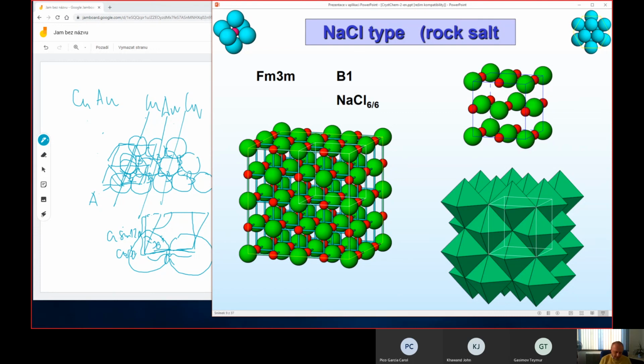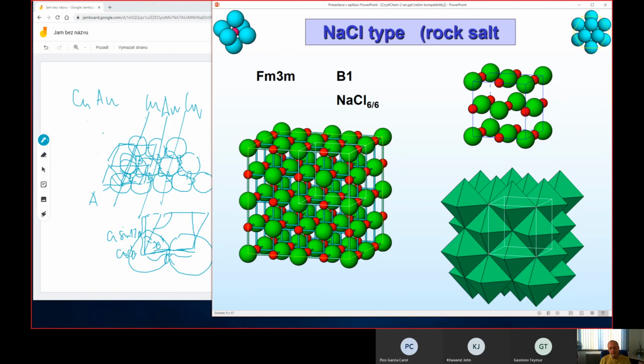The rock salt structure type is adopted by many compounds of different types, not only the halides of alkali metals, but also oxides of alkaline earth metals like CaO or BaO or strontium oxide and so on.